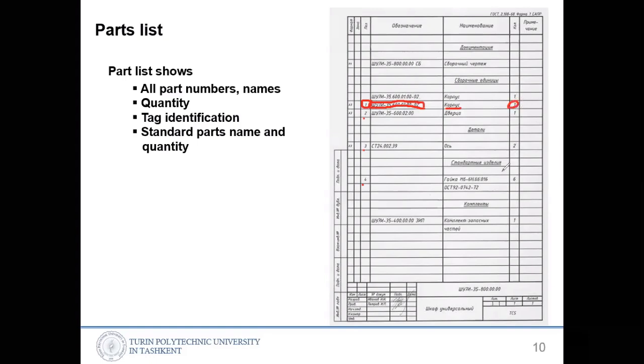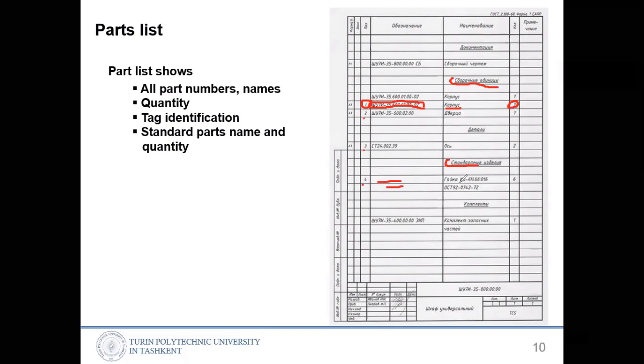If only one quantity of the part is needed in the assembly, you can write it here, that is assembly elements, and also the standard parts. You can list the standard parts here. The standard parts will not have a part drawing, because those are standard, so you can purchase them from another company or produce them using the standard dimensions.